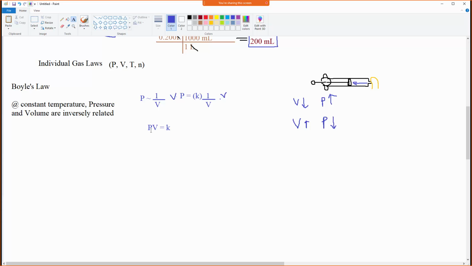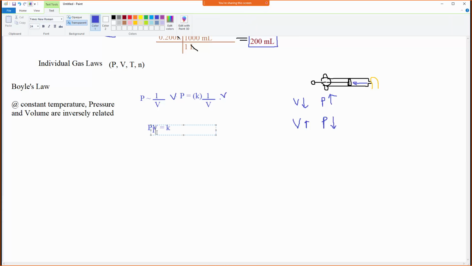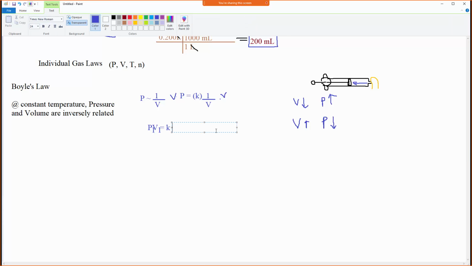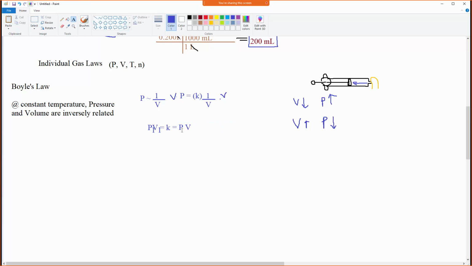Well, that means that your pressure and your volume at your initial conditions are going to be equal to your pressure and your volume at your final conditions, right? So as you change a system with pressure and volume, the initial pressure times the initial volume will be equal to the final pressure times the final volume. Again, this is at a constant temperature.